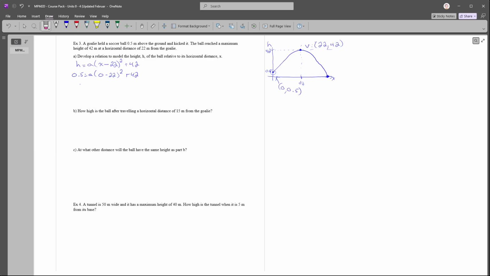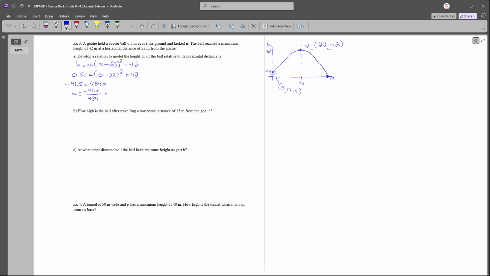I'm waiting for my computer to catch up here. It's just lagging out. There we go. So we have negative 41.5 on the left, which is equal to 484a. Now, we'll write that out. A is equal to negative 41.5 over 484.